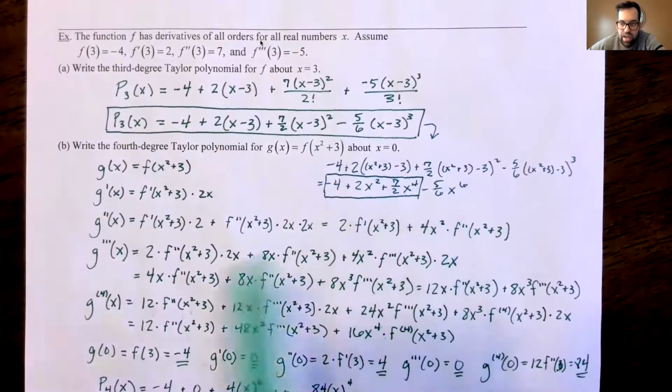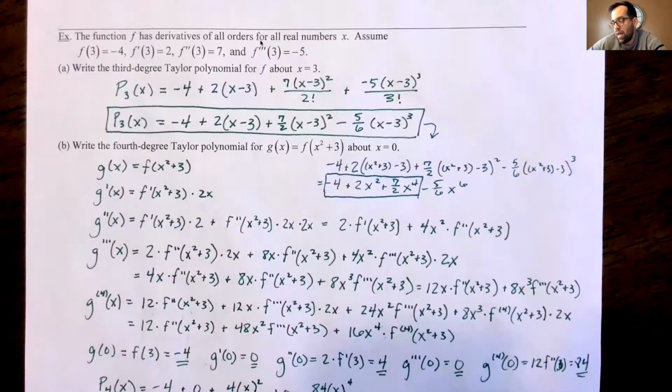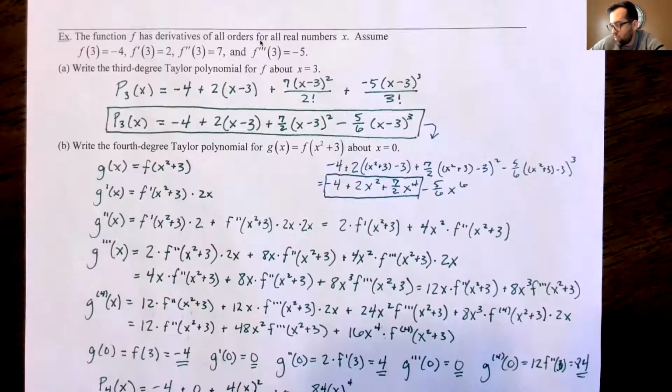And if you think back to the formula, since there is no x minus 3 or x plus anything in parentheses anymore, we're now centered at x equals 0, which is what we wanted for letter B. And since we wanted the 4th degree Taylor polynomial, we currently have up to the 6th degree.